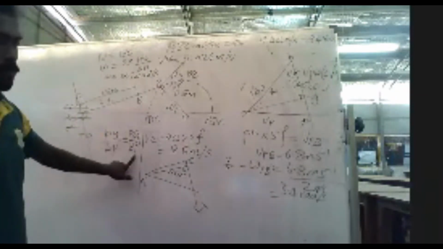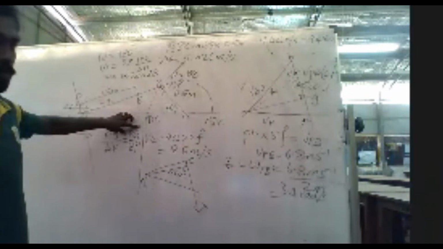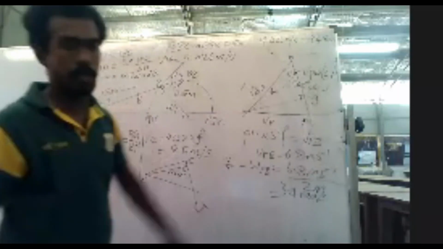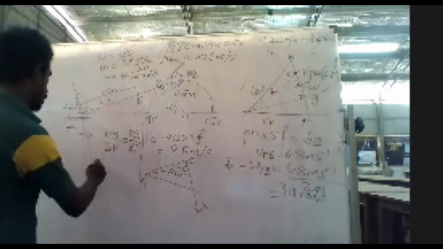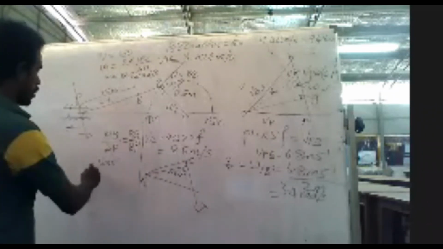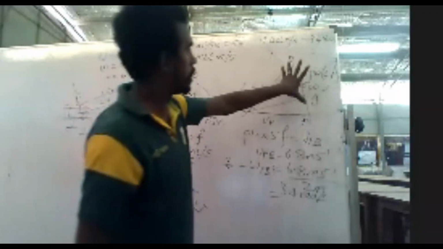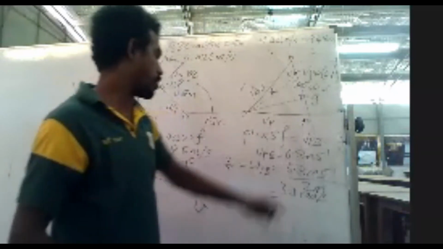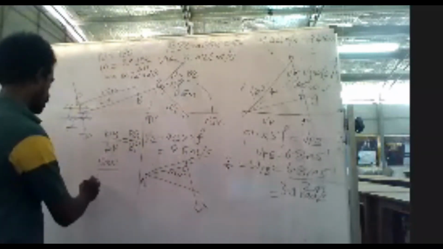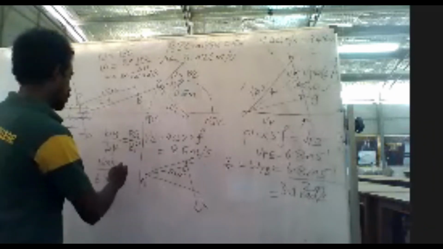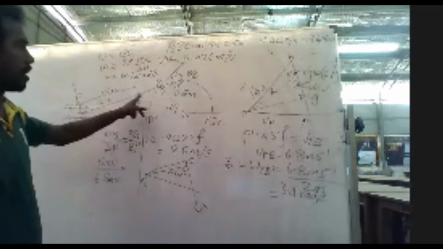I don't know where this G is, but I know Bg, I can find it, 5 meter per second. And BP I have already found. That is 6.8 meter per second, equal to BG. That I don't know.